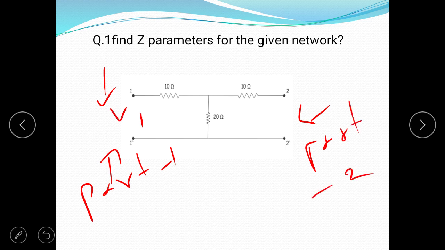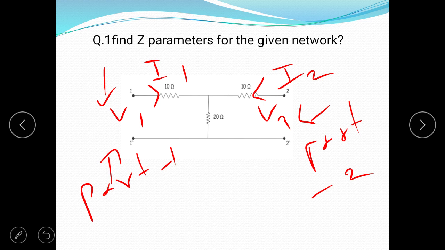Voltage is V1, current is I1. Similarly, at port 2, voltage is V2 and current is I2. And there are three resistances of 10, 10 and 20 ohm as shown in the circuit.